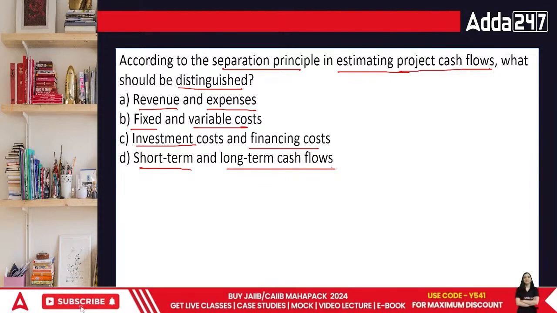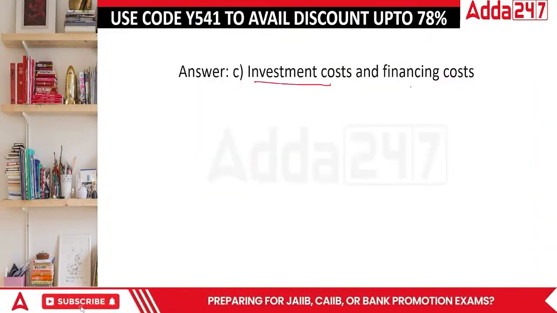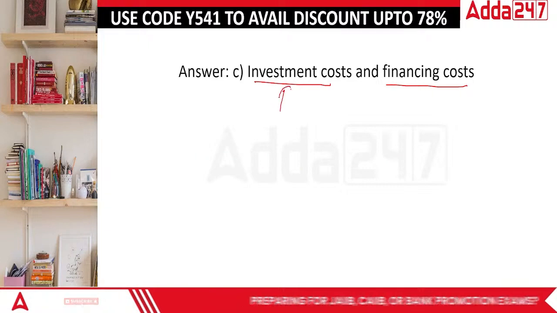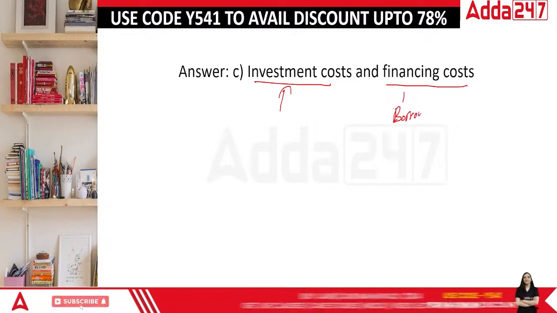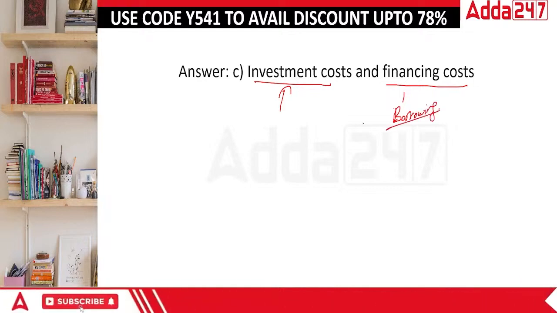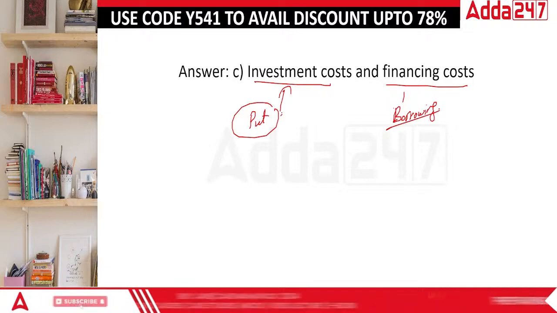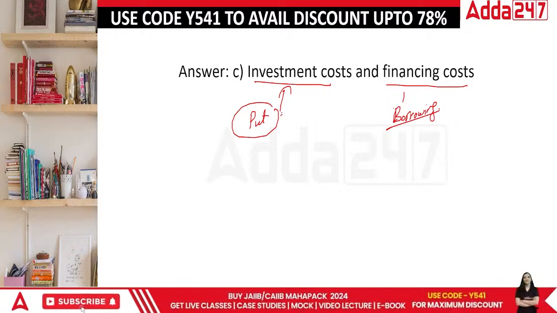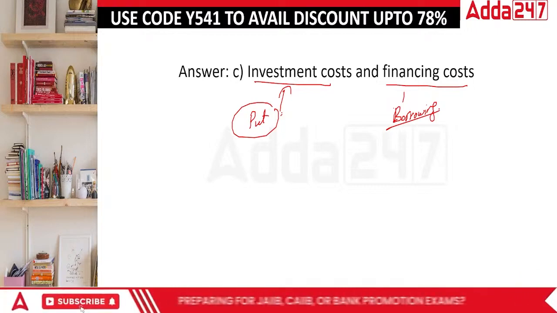See, we are putting the money in two bases there. That is, either you have investment costs or you have financing costs. Where will you put your money and where will you borrow the money from? This is your borrowing and this is the money that you are putting. So this is the area. Done?